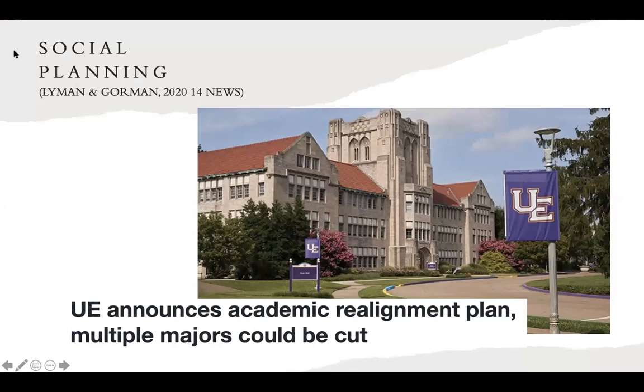This is the sort of plan that would typically go without community interest, unless those people felt very strongly about their major or disagreed with the realignment plan in general. But the community problem being addressed is the funding for the university, and this is being solved by the proposed realignment plan. So this is an example of social planning.